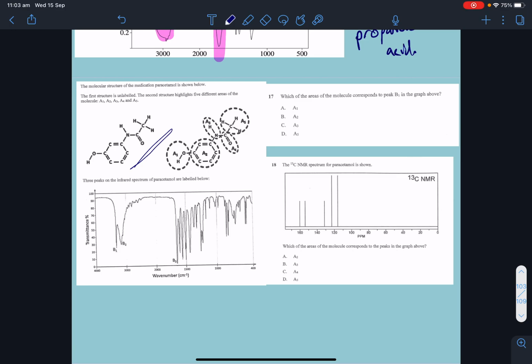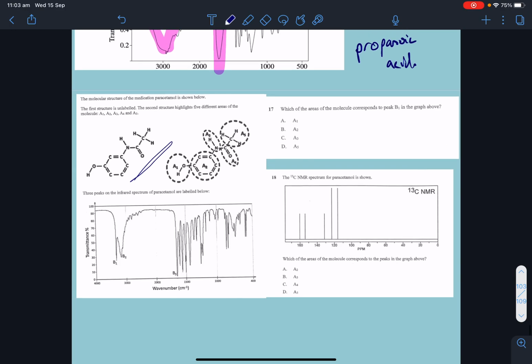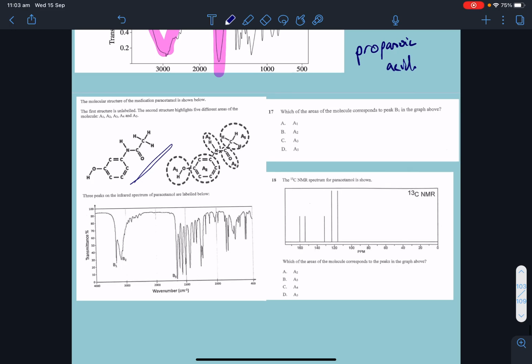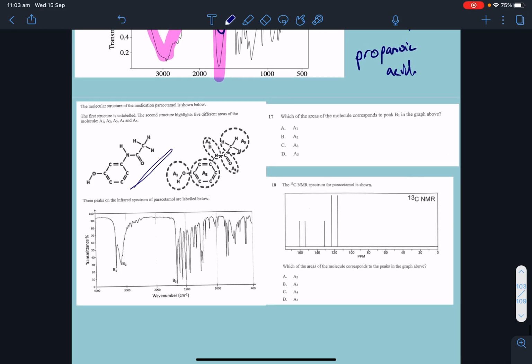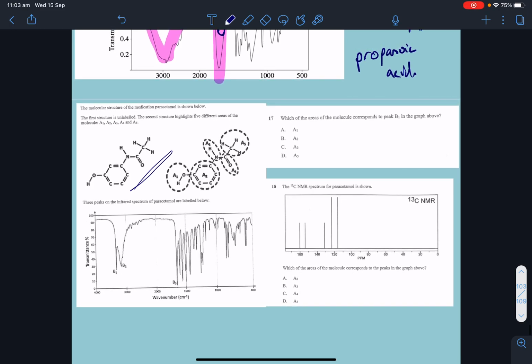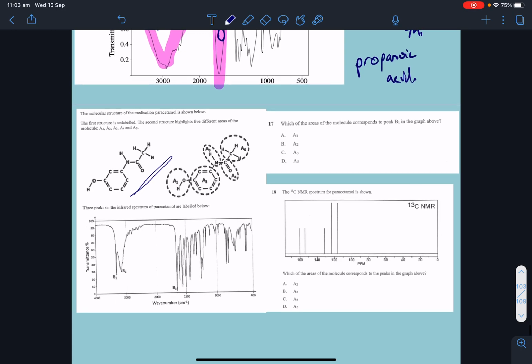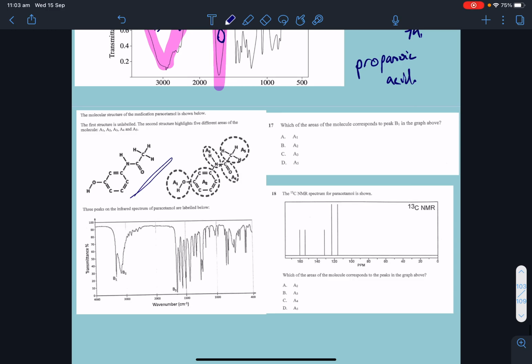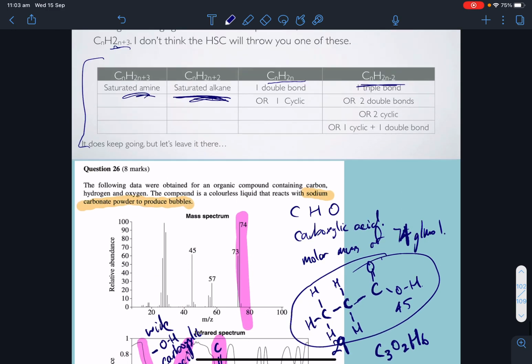Okay, so B1 is a very tight peak at about 30. It's not the alcohol peak, is it? So let's go to our IR data.